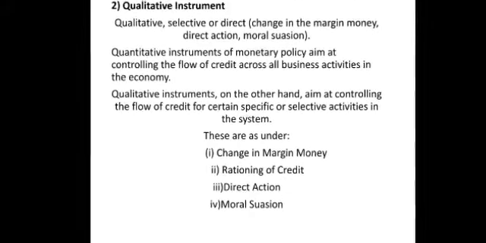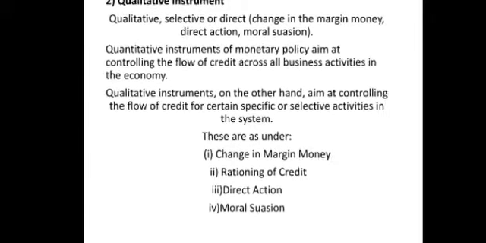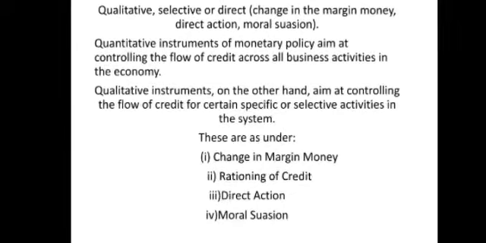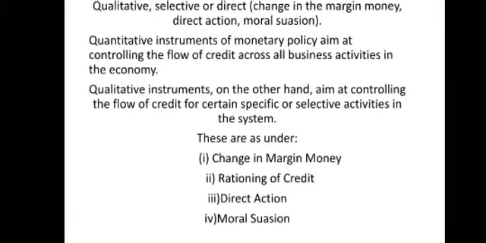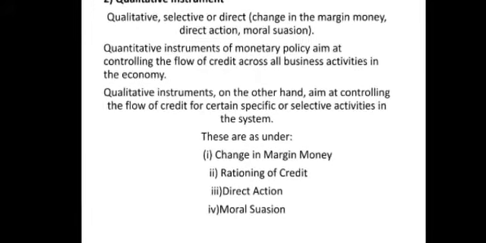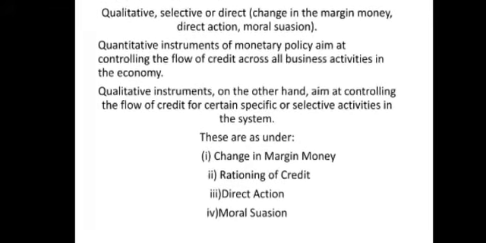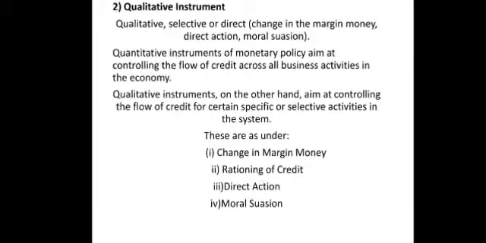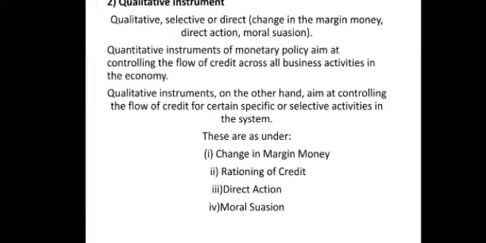Sometimes the central bank makes the member banks agree through persuasion or pressure to follow its directive on the flow of credit. The member banks generally do not ignore the advice of the central bank. The banks are advised to restrict the flow of credit during inflation and to be liberal in lending during deflation.